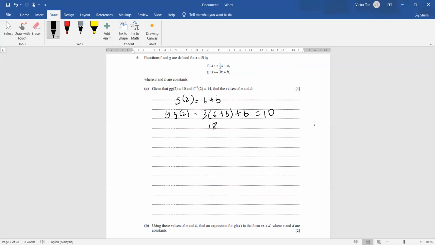So 18 plus 3b plus 6 plus b, that is 4b plus 24... 4b equals minus 8, b is minus 2.